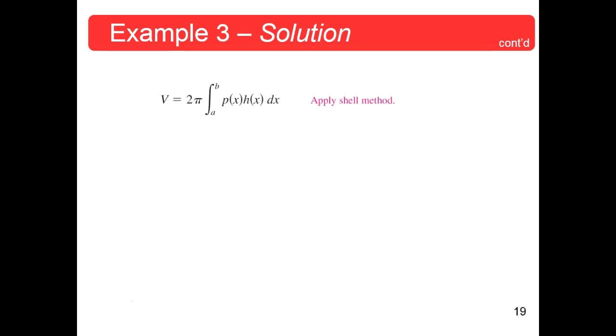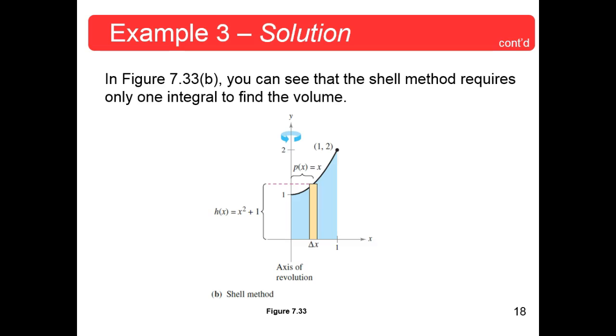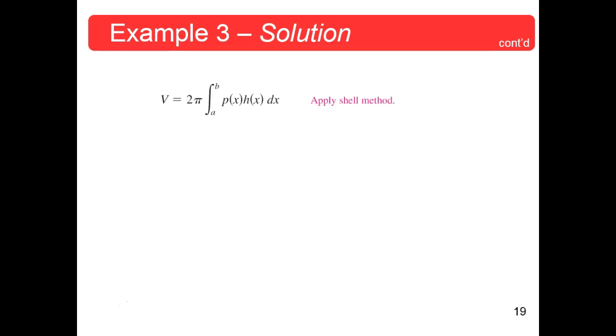Okay, here's the shell method. The shell method is now 2 pi times the radius, which is x, times the width times the height. The height is your f of x, which is, they don't show it here, x squared plus 1, times dx. Pretty easy, single integration to do. So V is equal to 2 pi times the integral from a to b, which is 0 to 1, of x times x squared plus 1 times dx.